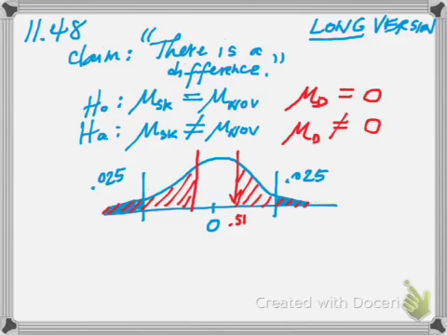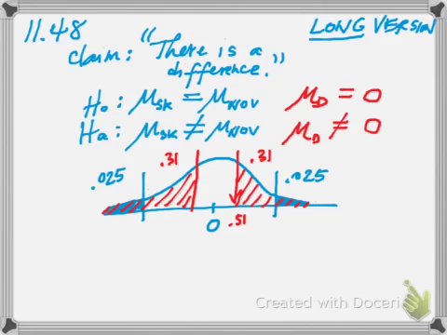See if we can take a look at this. Remember, it was about 62%. What is that 62% referring to? Well, that's referring to 31% on this side of 0 and 31% on this side of 0.